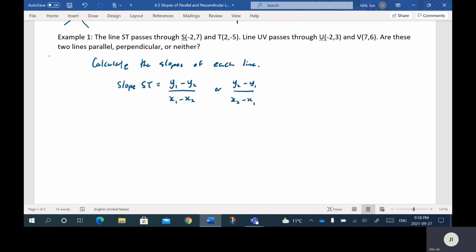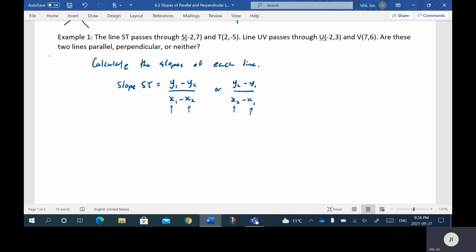These are interchangeable. Whether I call one point the first point and the other the second point, or vice versa, it doesn't matter, just as long as the points line up. So notice here I have x1, y1, x2, y2, and over here y2, x2, y1, x1. The points just have to match up.